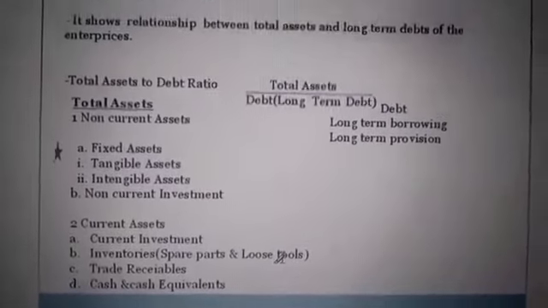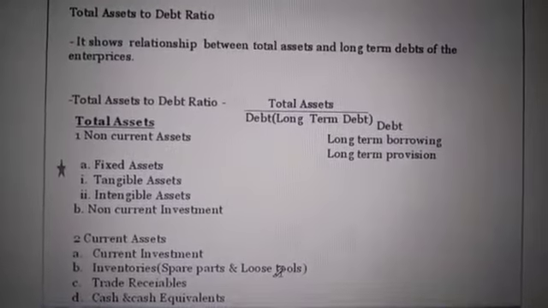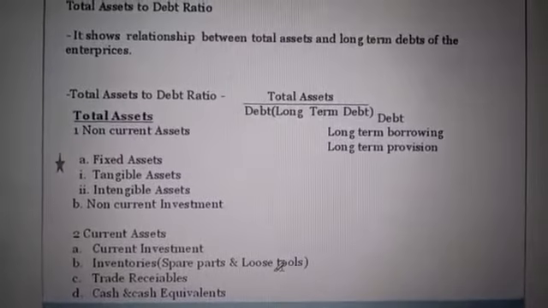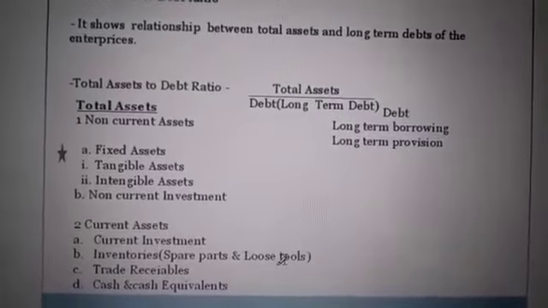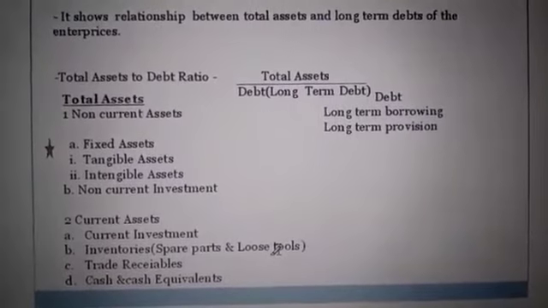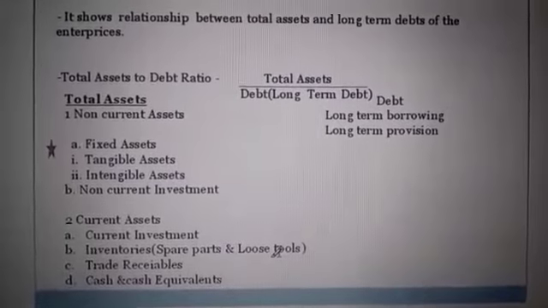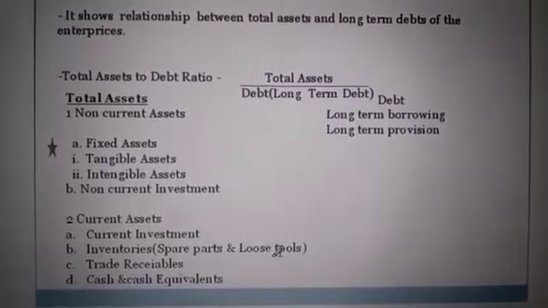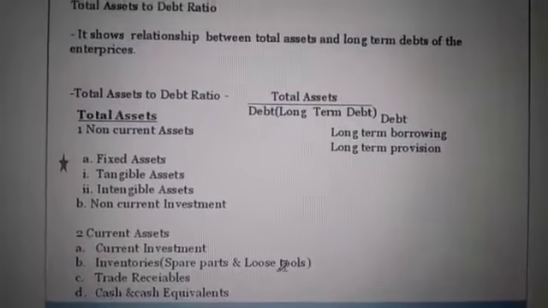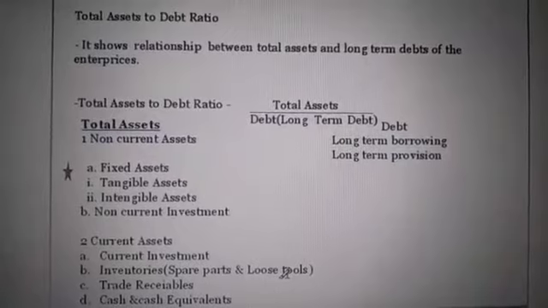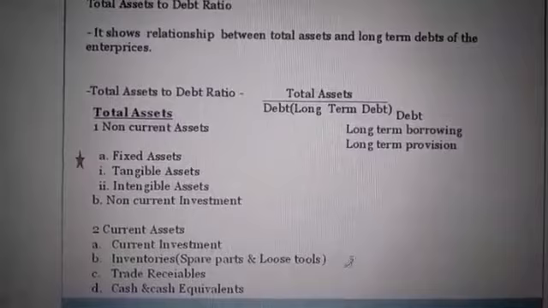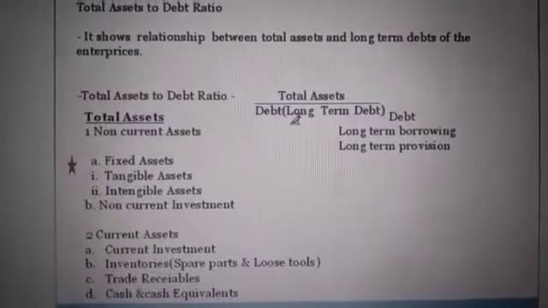So how is this ratio made? Total asset divided by debt. Okay, so the practical questions we will do in our next part. This is a very simple ratio. This ratio got its name, total asset to debt ratio, because it is total asset divided by debt.